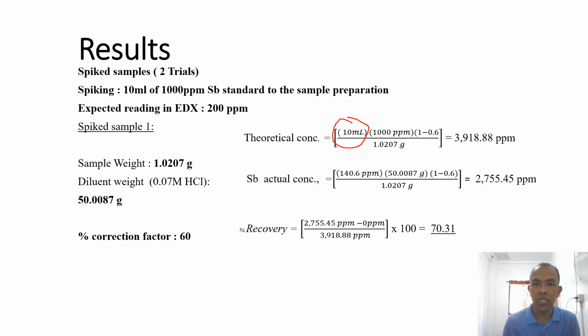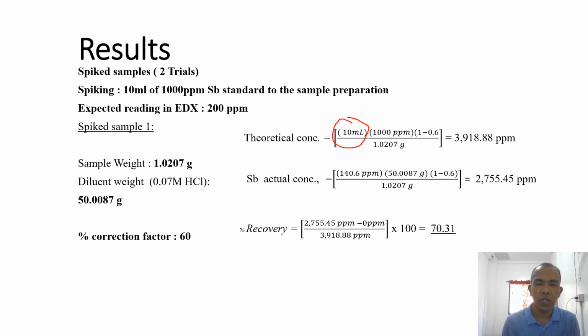Analytical correction, since kanina I showed you 60%, so we will make it 0.6 of the correction factor for antimony, 1.06 over the weight of the sample. So this is the theoretical concentration, 3,918.88.